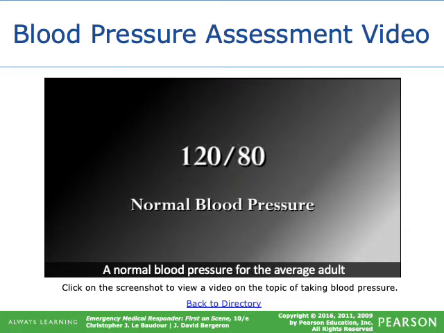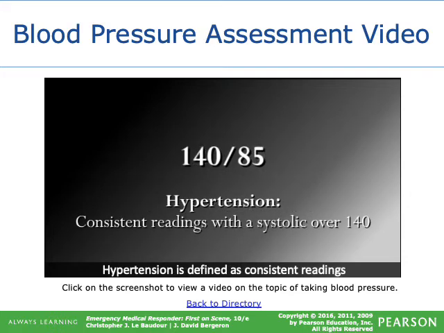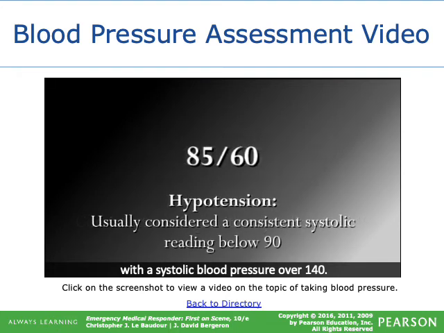A normal blood pressure for the average adult is around 120/80. Hypertension is defined as consistent readings with a systolic blood pressure over 140. Low blood pressure, or hypotension, is usually considered a systolic blood pressure below 90 millimeters of mercury.